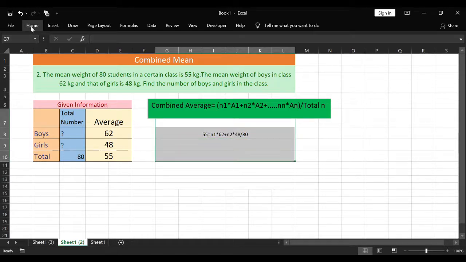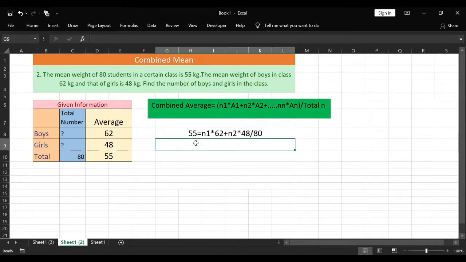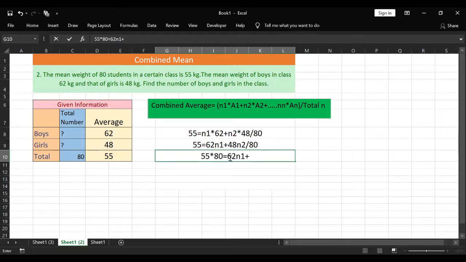Now we simplify the values. 55 equals 62 n1 plus 48 n2, divided by 80. I'll cross multiply: 55 divided by 1 equals 62 n1 plus 48 n2 divided by 80, so 55 into 80 equals 62 n1 plus 48 n2.